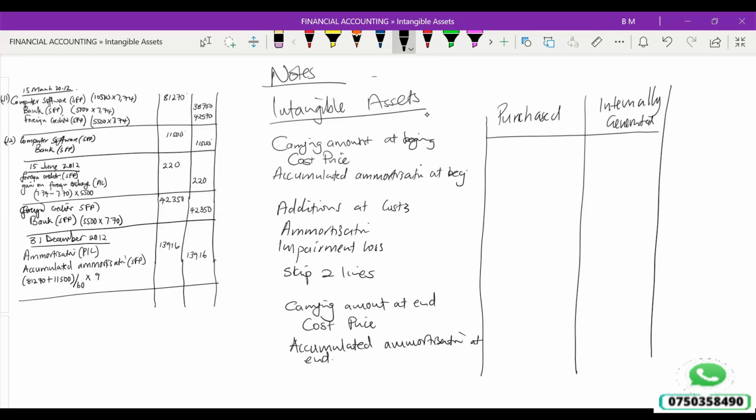At end, right? Then here on my purchased one, I'm going to say 81,270 plus 11,500.